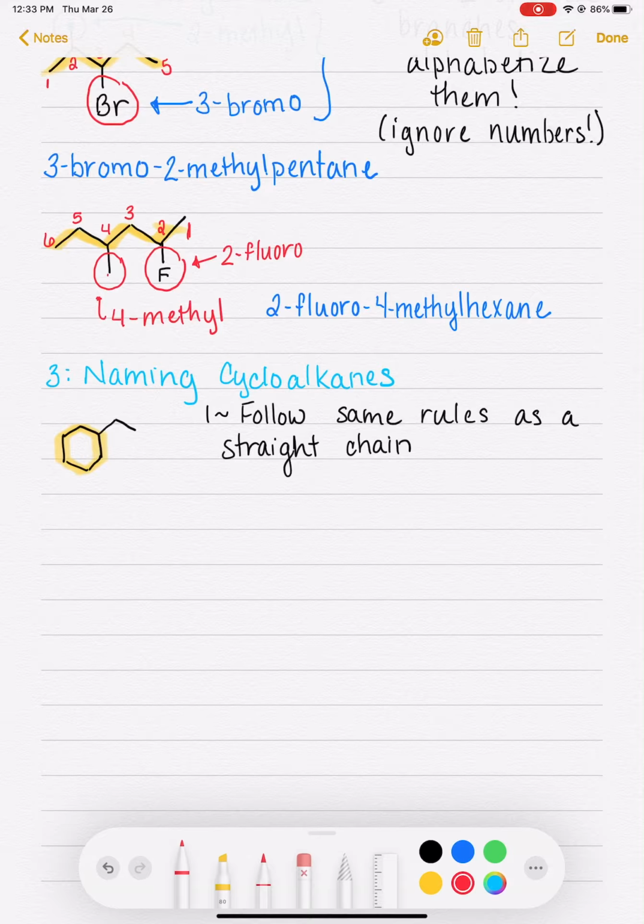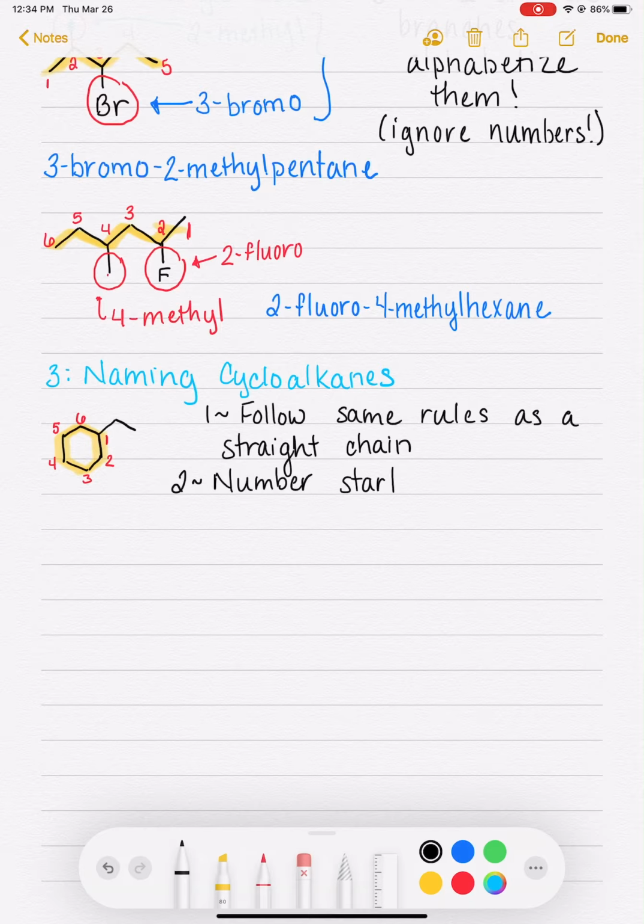So when we're numbering this chain, we want to start numbering on a carbon that is holding a substituent, the substituent in this case. And then we can continue numbering either clockwise or counterclockwise around the ring. So that's how we get the numbering for our cycloalkane.